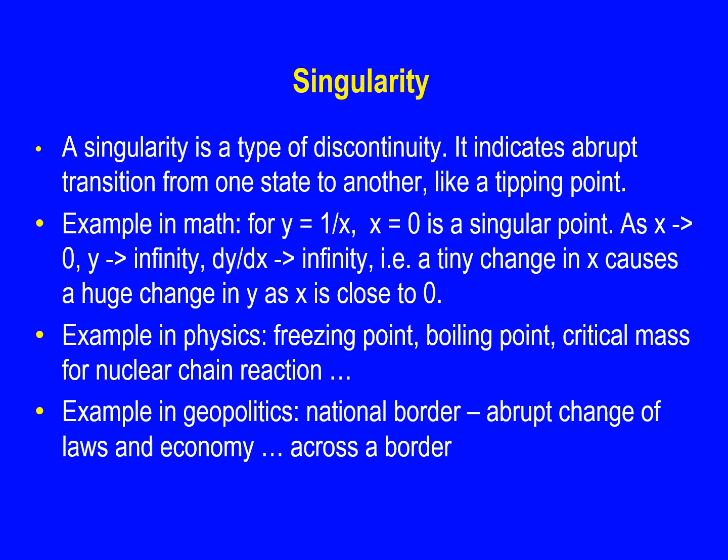Now let's talk about singularity in some detail. So singularity is a type of discontinuity. It indicates an abrupt transition from one state to another, like a tipping point. And singularity can be in 0 dimension, like a point.